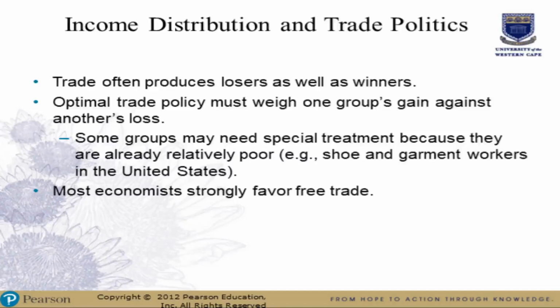Nevertheless, some groups may need special treatment because they are already relatively poor. For example, workers in the apparel sector in the United States earned, in 2009, 36% below the average wage across all manufacturing sectors. Despite the losses in trade, most economists generally favor free trade.